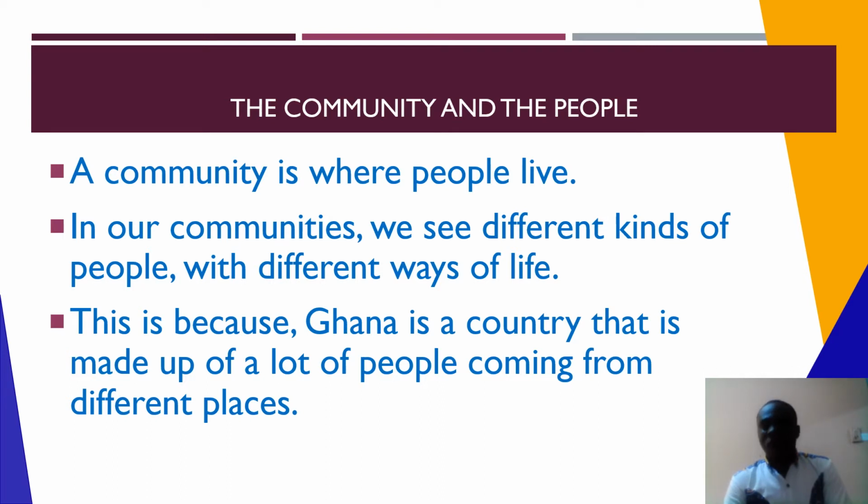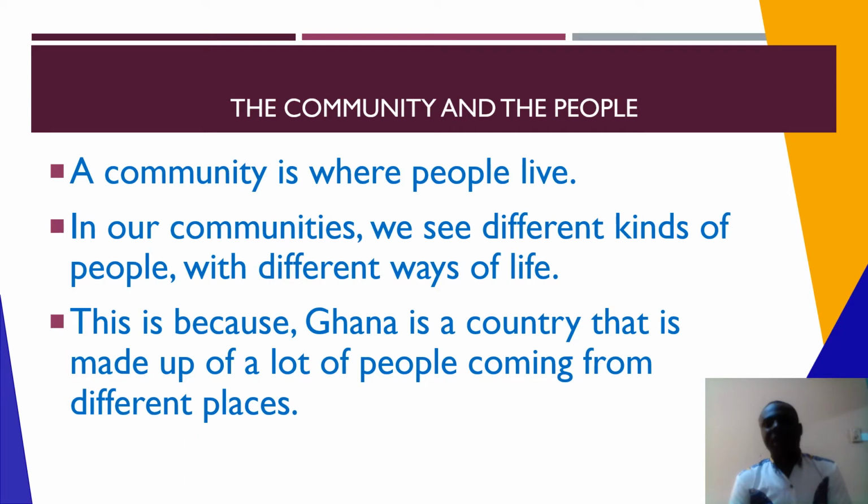There are a lot of communities around us. The hospital is a community, the market is a community, the school is a community, and even where you stay yourself is a community. And in these communities, we see different kinds of people with different ways of life.